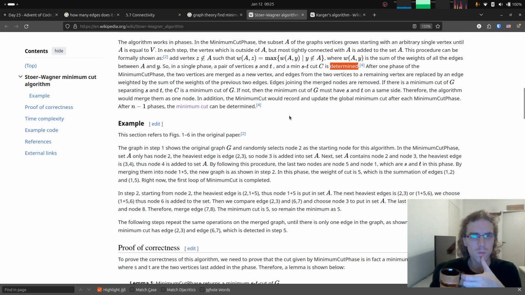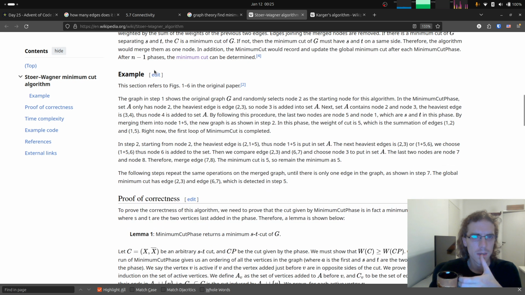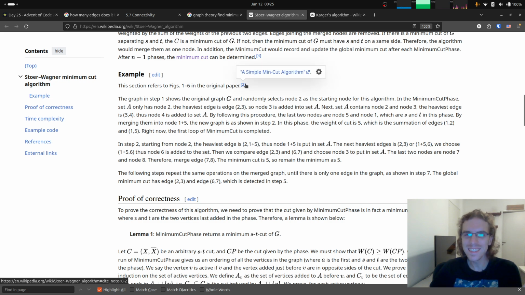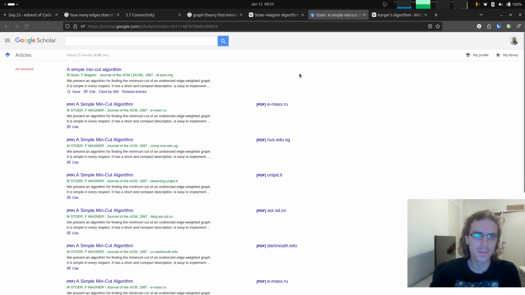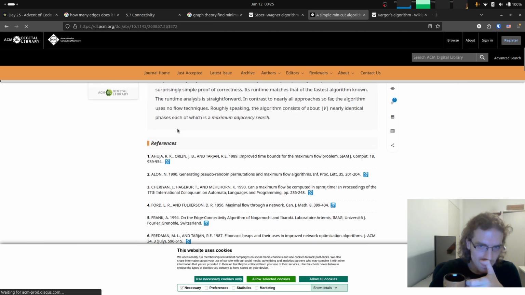Okay, but let's try to roll with this. Example. This is a Wikipedia article and it says this section refers to figures 1 to 6 of the original paper. What? And the paper is A Simple Min-Cut Algorithm. Yeah, sure, very simple. Come on, Stoer and Wagner.